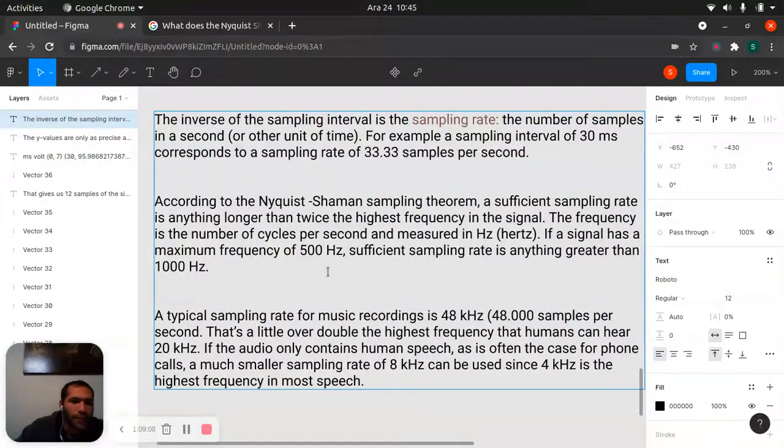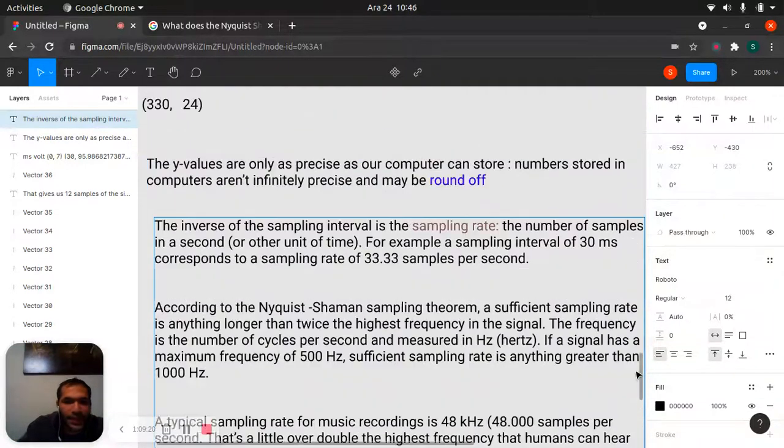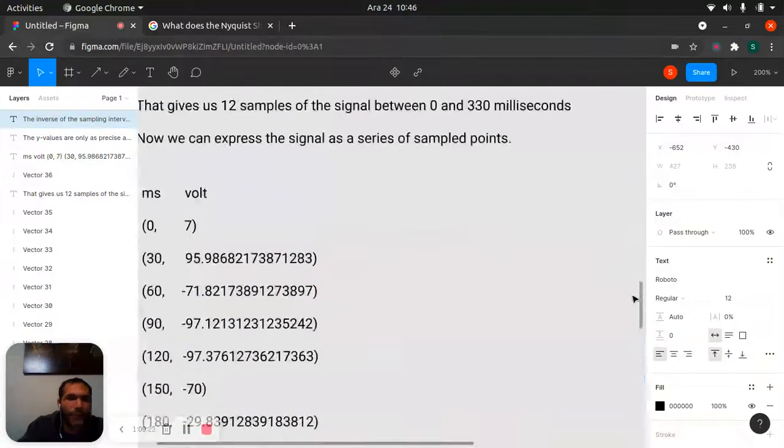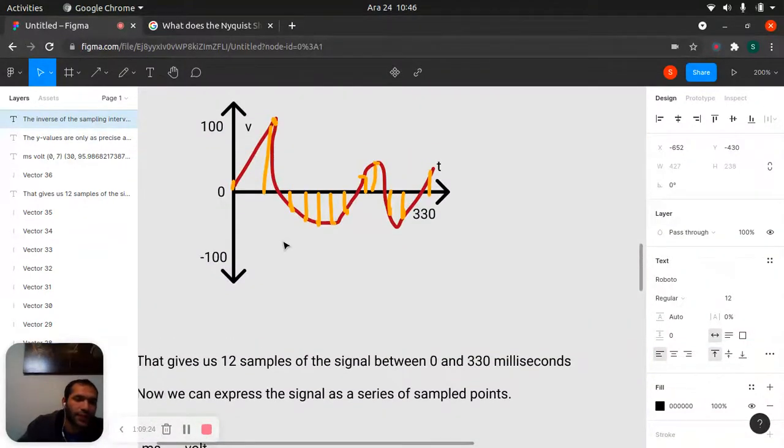Our maximum frequency, if it is 500 hertz, then our sampling rate is anything greater than 1000 hertz.